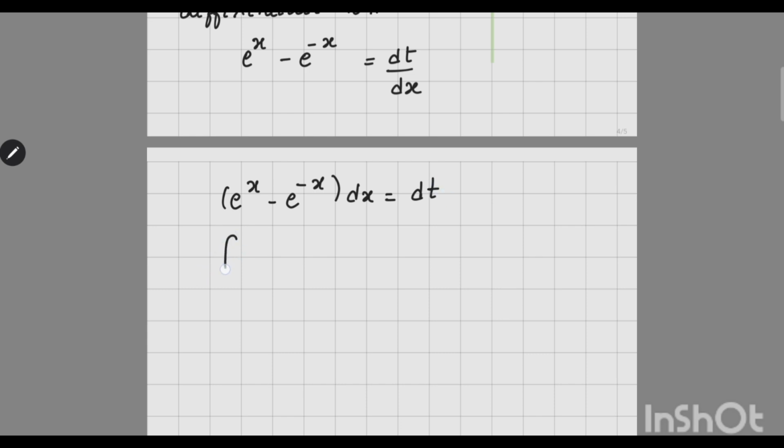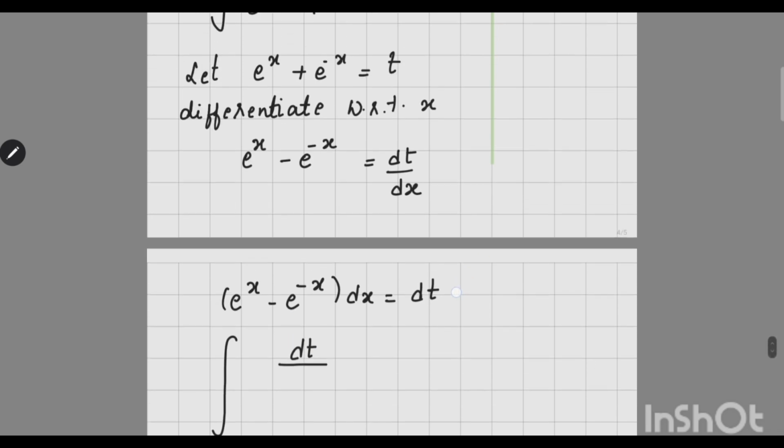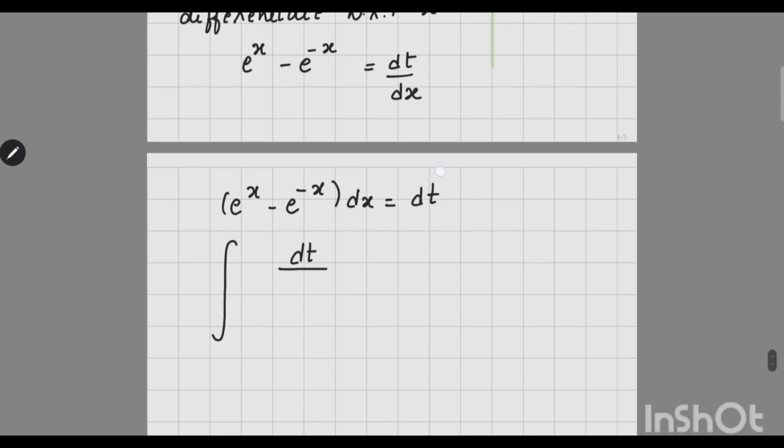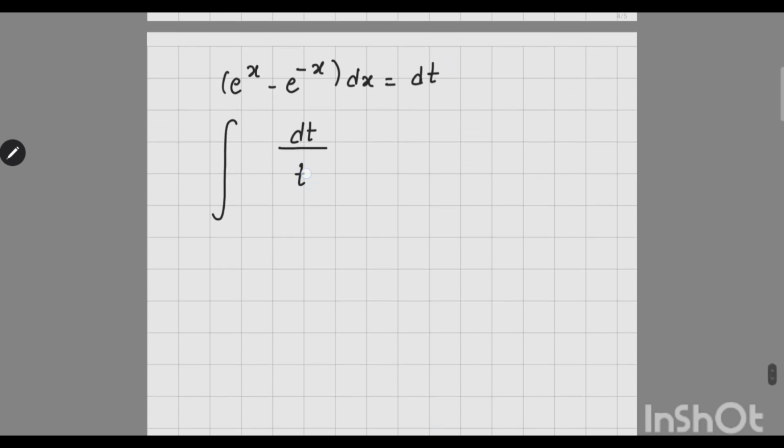So how can we rewrite the function? The numerator will be dt, since this entire thing we wrote as dt, and in the denominator we write t. Now this implies integral of 1 by t with respect to t. So what is the formula?